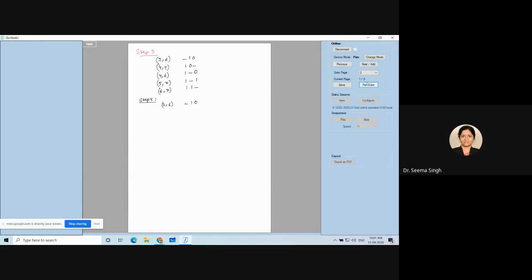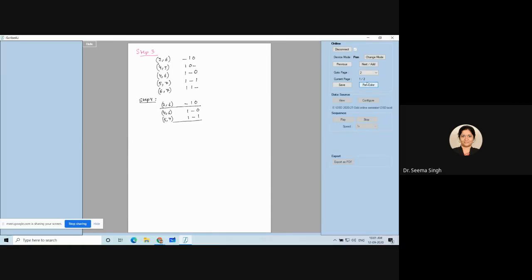Now, which all have the dash in the second place? 4 and 6 have dash in the second place, and 5 and 7 have dash in the second place, right? So this is grouping based upon the place of dash.